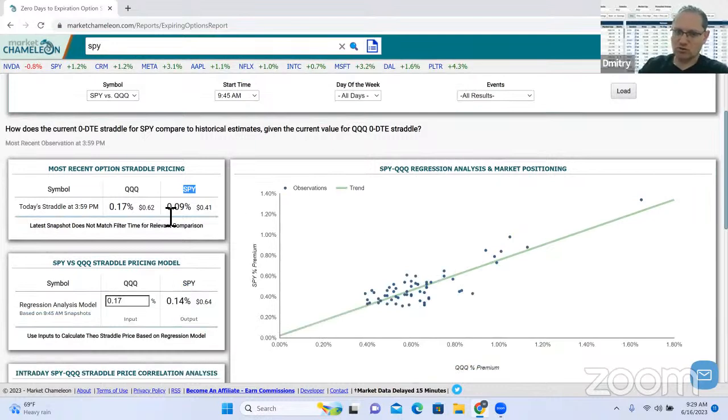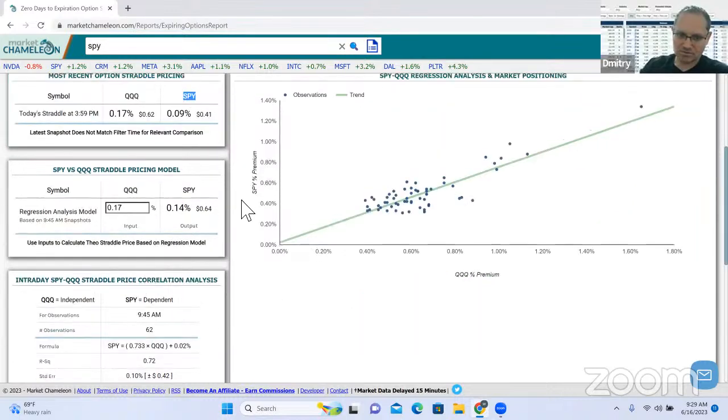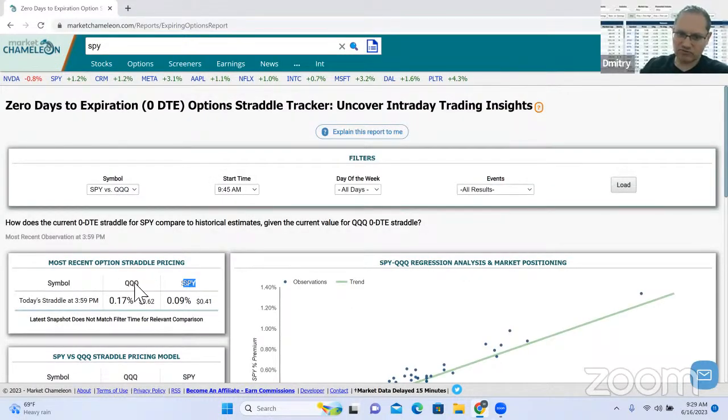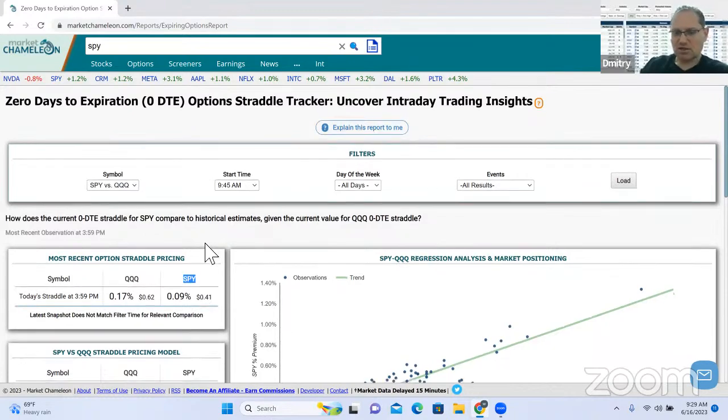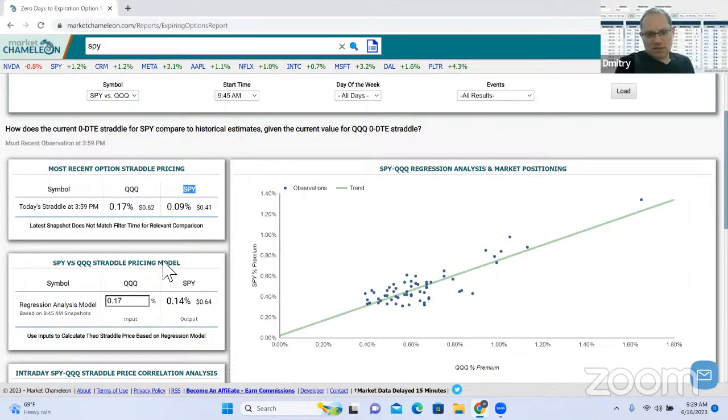So what it's saying is, if these two are correlated, then can I say whether the SPY straddle is overpriced or underpriced in the market based on where the QQQ option straddle is priced?